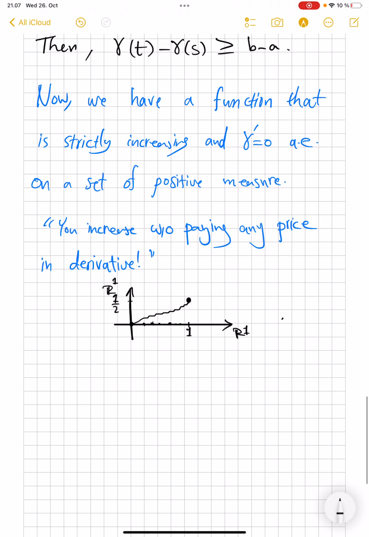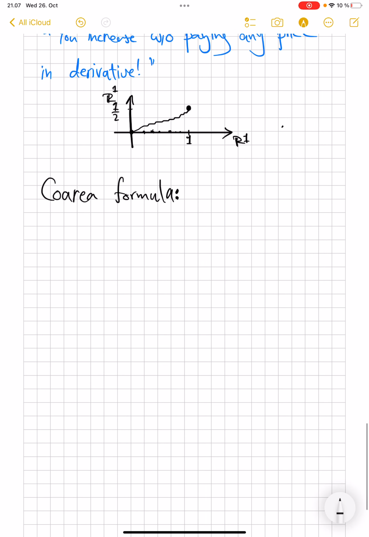Okay, so the last use of this example will be a counterexample to the Coarea formula. And even if you don't know what the Coarea formula is, it will be apparent from the calculation that I will do. So the example we built, to visualize it, you have to go back to these separate copies of R1. And then here you have this fat Cantor set C, which is mapped to a Cantor set with measure 0.